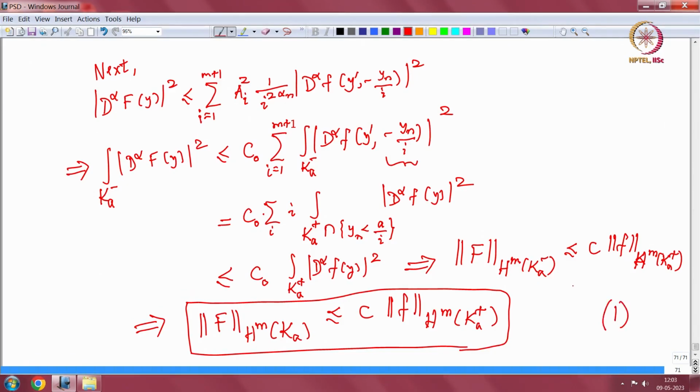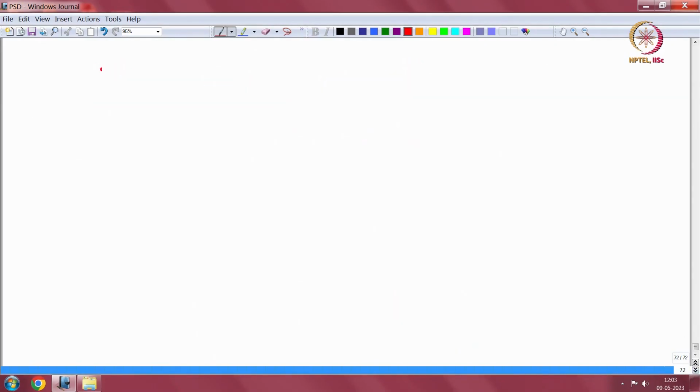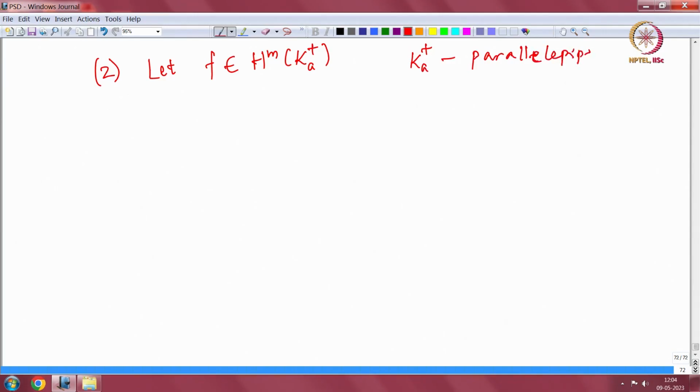And now we will go to the second part. So, second part. So, let now f belong to Hm Ka plus. Okay. And Ka plus is a parallelepiped. Okay.